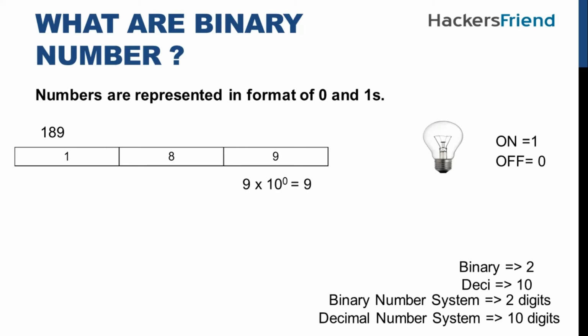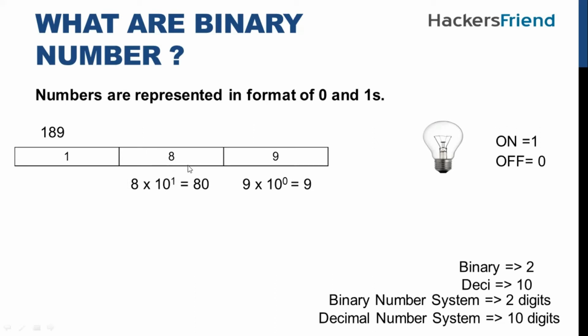Here we see 9 is at the ones place, and we are multiplying 9 with 10 to the power 0. Just for sake, we can also say that we are multiplying 9 with 1, because 9 is at the ones place, and that gives us 9.